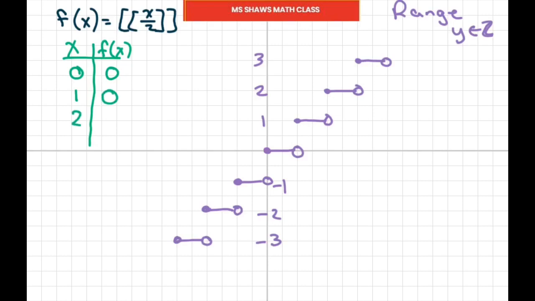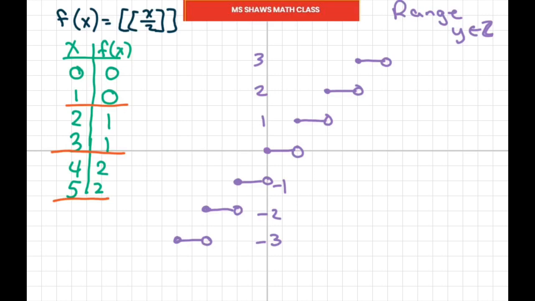Now, if you plug in 2, 2 divided by 2 is 1, and that is an integer, so you can put 1. If you plug in 3, 3 over 2 is 1.5, that rounds down to 1. And if you can see what's happening here, 4 is going to map to 2, 5 still stays at 2. So every time we go up to the next integer, this is what we have.